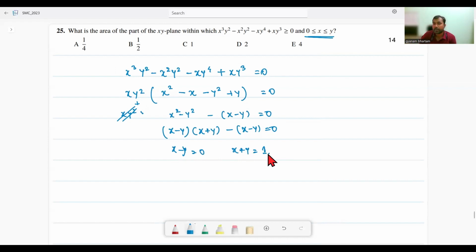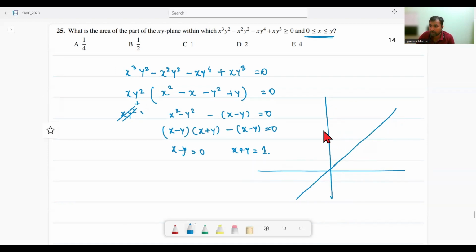That's the factorized form. And if you draw these lines, x equal to y is this. x plus y equal to 1 is going to be this. This is 1, this is 1, 0 comma 0. Now, x should be below y. Okay, means x should be less than y. But in the first quadrant, both are positive.